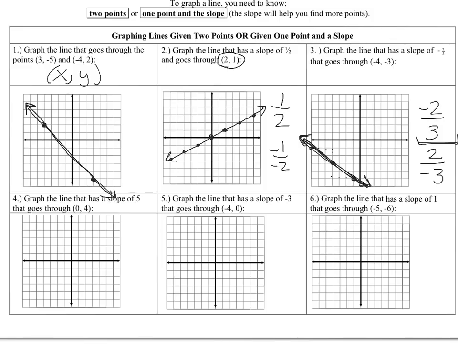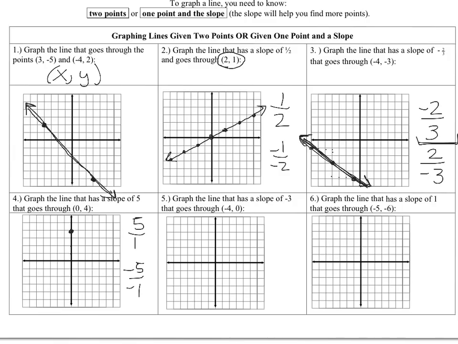Okay? So now number 4 is saying graph the line that has a slope of 5 that goes through (0, 4). And remember 5 can be written as 5 over 1, or the unsimplified version would be -5 over -1. So I'm going to start at (0, 4), so I'm going to go up 4, 1, 2, 3, 4.